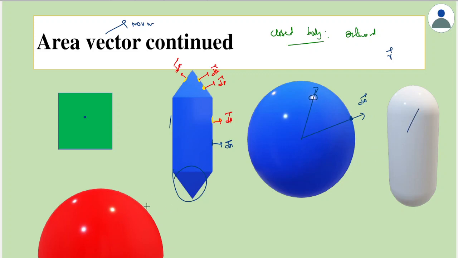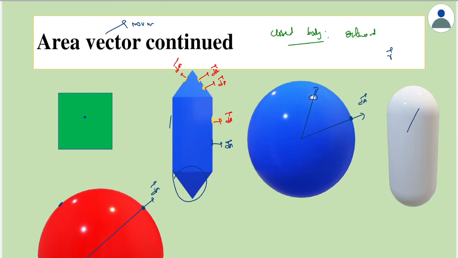You can draw the same thing for these shapes also. For example, for the hemisphere, for a small region here, the dA would be from the center. It will be like this. This would be its dA. Now if you look at some other part here, even here it will be from the center. Think from the center, it will come out like this. This is what its dA would be.